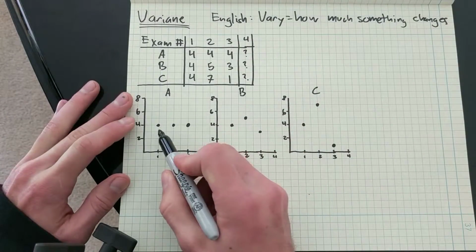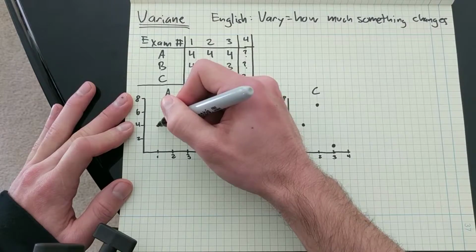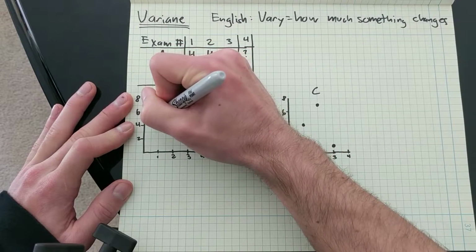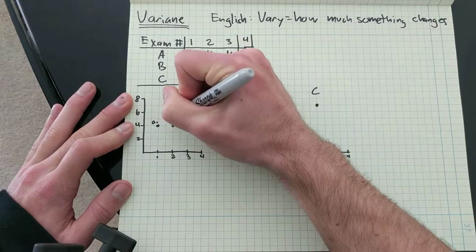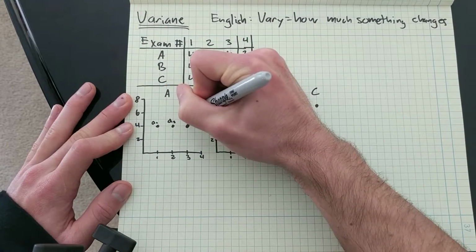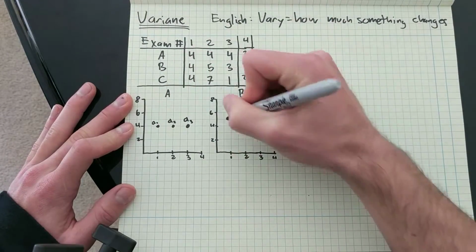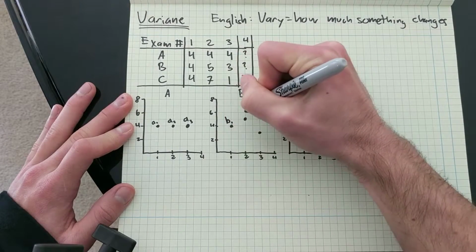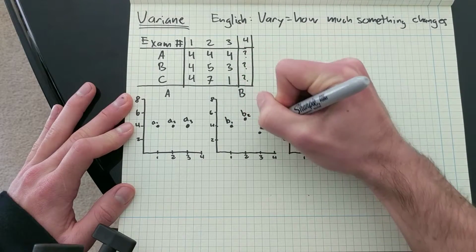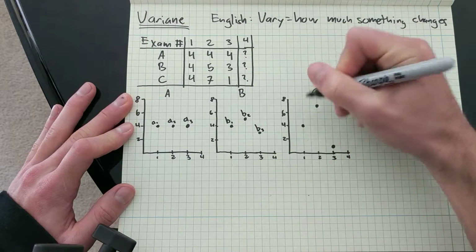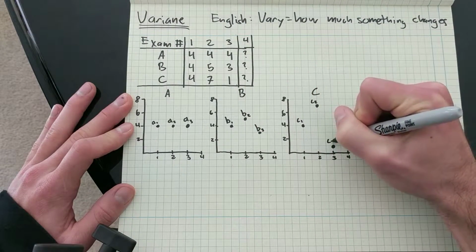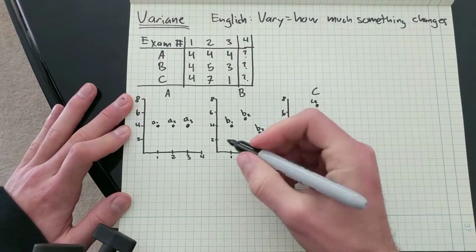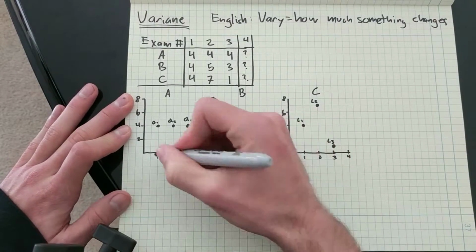To make things clear, I'm going to give each point a variable name: little a1, a2, a3, b1, b2, b3, c1, c2, c3.